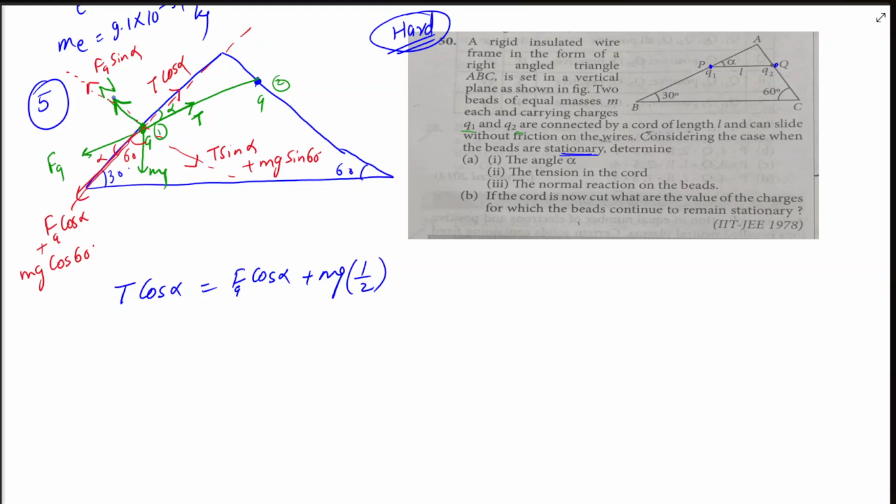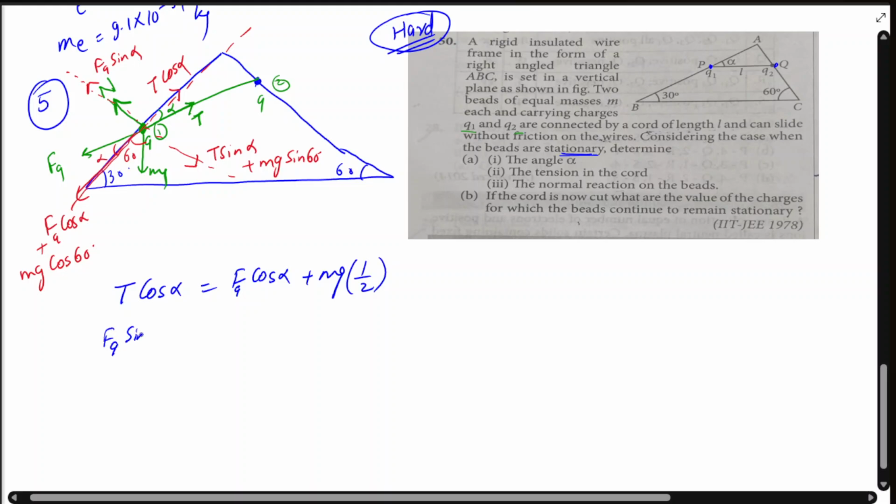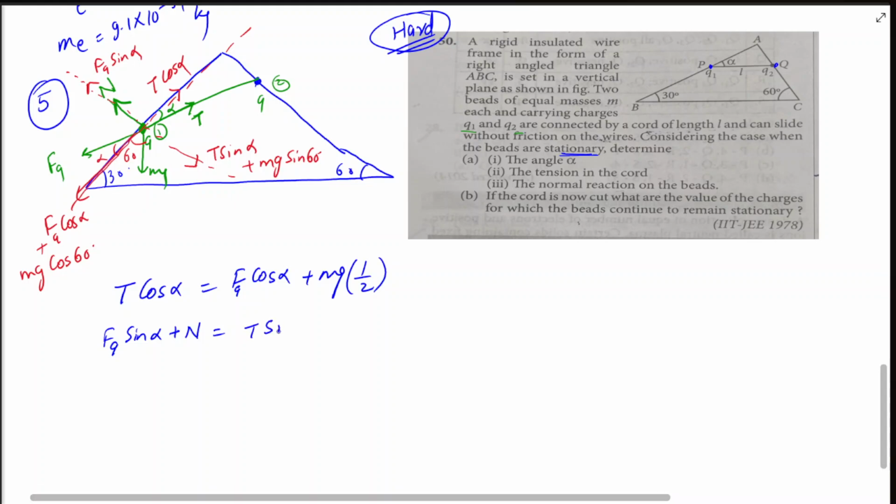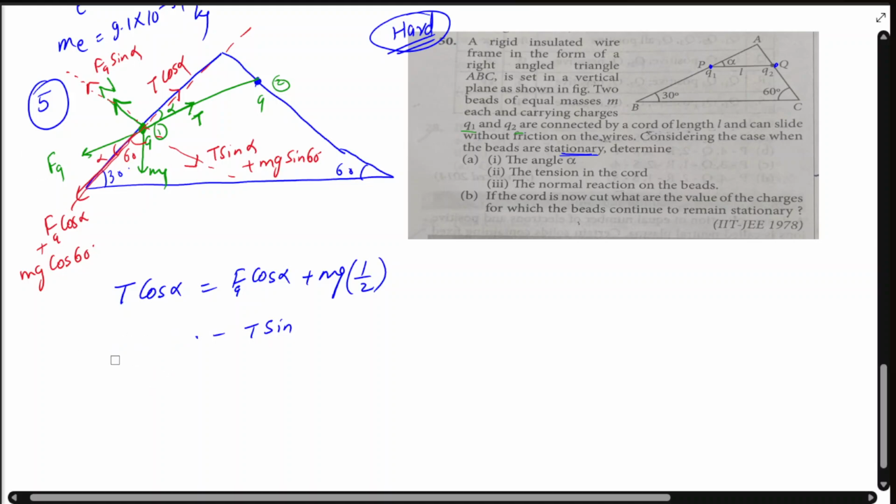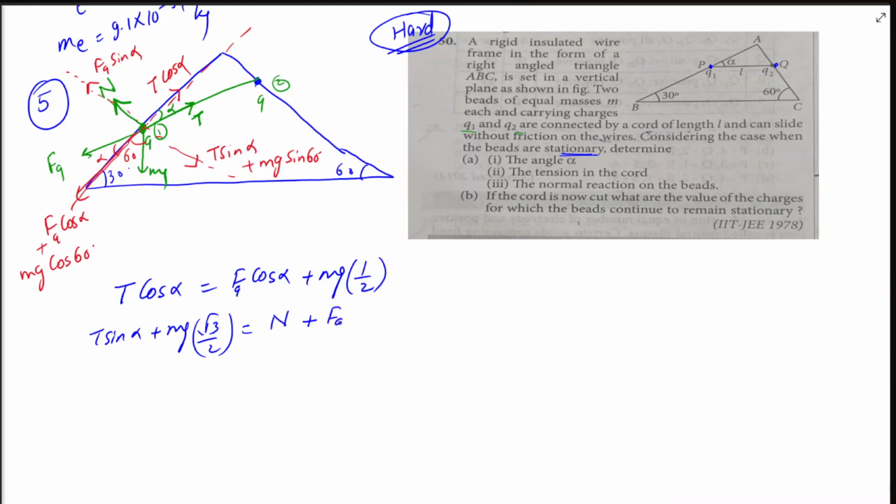Now FQ sine alpha plus normal should be equal to T sine alpha. So let me write it the opposite way: T sine alpha plus mg sine 60, which will be root 3 by 2. I'm just directly putting those values here. It will be normal plus FQ sine alpha, right?